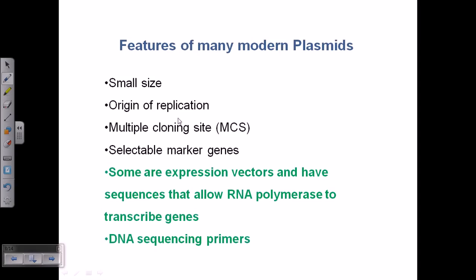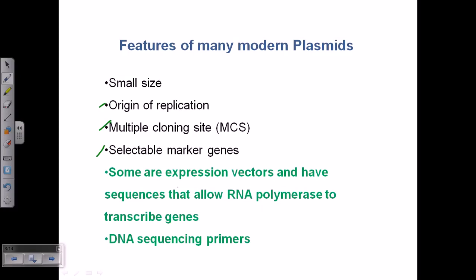Now some new features about modern plasmids. Until now, what you've seen is that a vector must have small size, origin of replication, multiple cloning site, and also selectable markers. We have seen all these things. But nowadays some new features must be there to recognize them as important vectors. Some are expression vectors and have sequences that allow the RNA polymerase to transcribe genes.